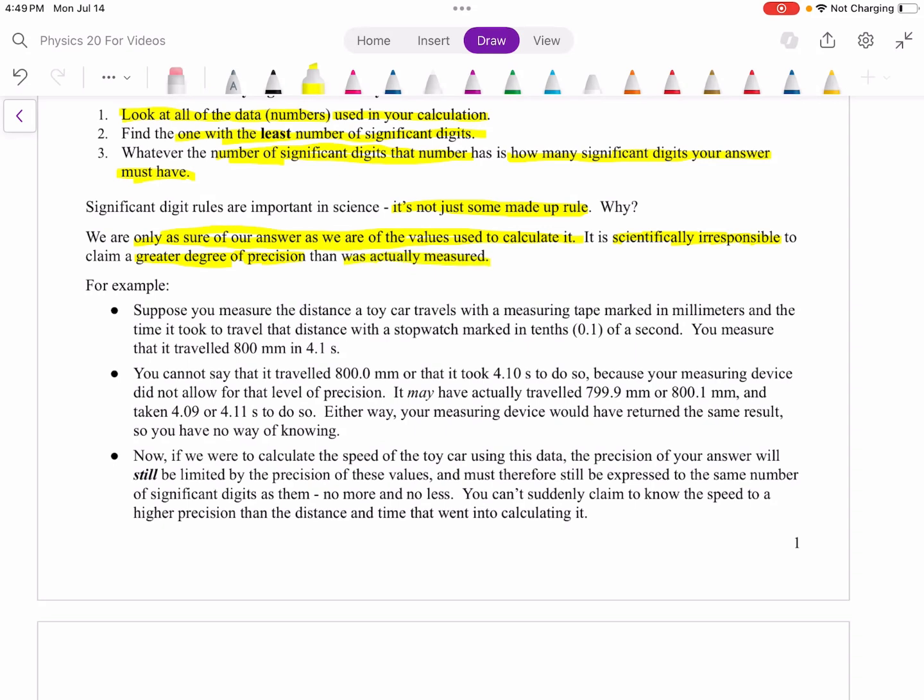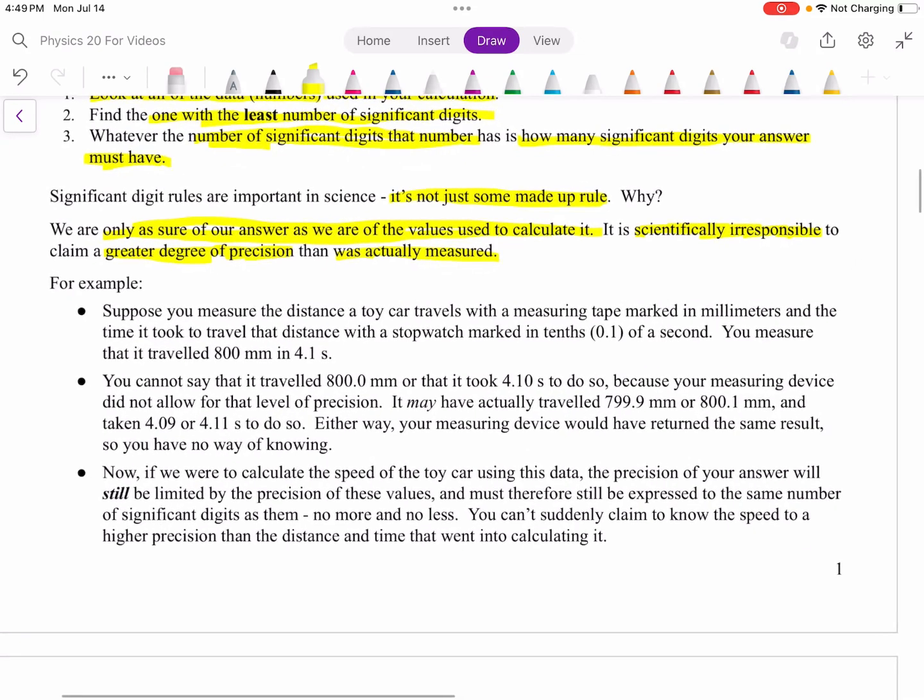So to hopefully convince you that these aren't just magic rules, that there is a logic behind them, let's look at an example. Suppose you were going to do a lab where you measure the distance that a toy car travels with a measuring tape marked in millimeters, and also measure the time it took to travel that distance with a stopwatch marked in tenths of a second.